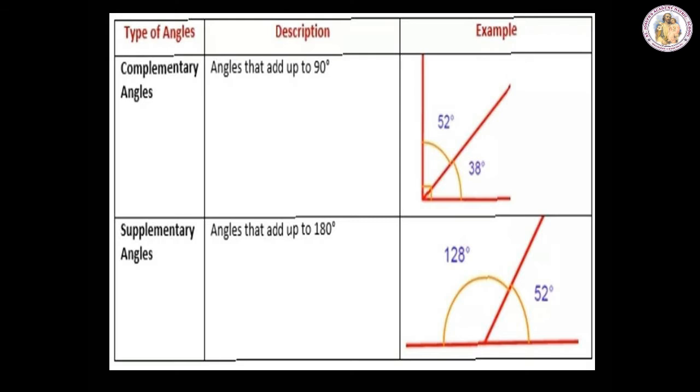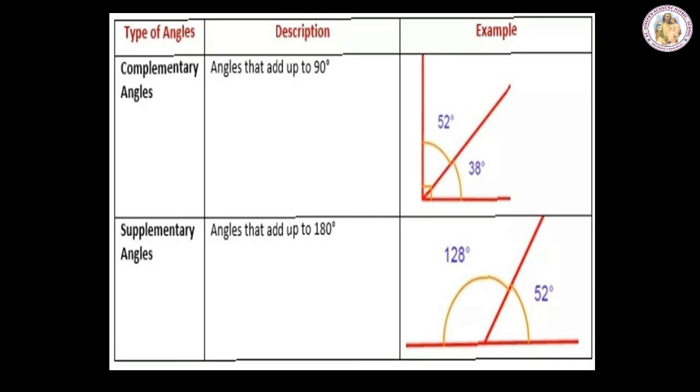Let us see both the things together. First one, complementary angles. Angles that add up to 90 degree. Here they have given an example, 52 degree plus 38 degree. When we add, you will get exactly 90 degree. That is called complementary angles.